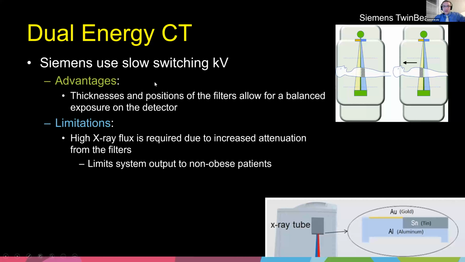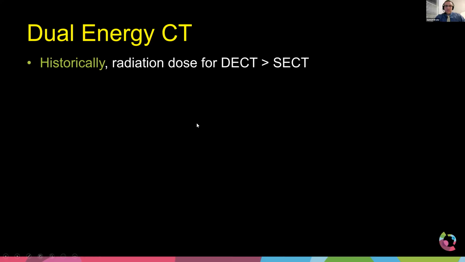It's able to balance the right amount of MA as it goes through the body. But we mentioned the major limitation for this is the photon flux. It's very hard to get the right amount of photons through these really thick filters, and so you really can't do very large, very obese patients.